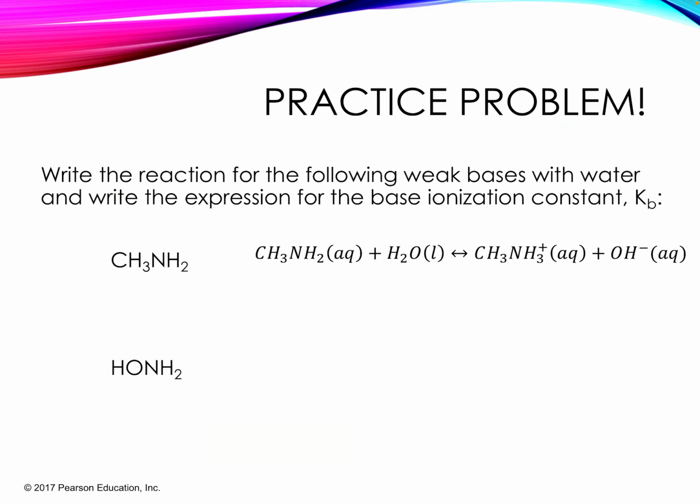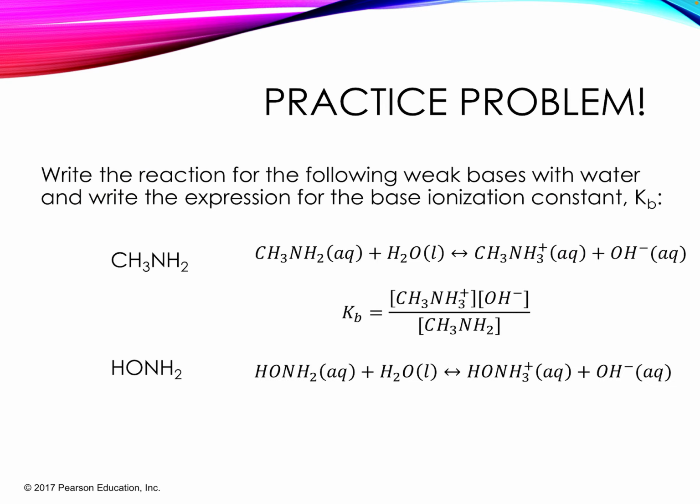Again, it will gain a hydrogen off of water and form the hydroxide. Our Kb value will always be our products over our reactants, just like when we were doing Ka. And then the second one is going to react very similarly. Again, we are going to pull a hydrogen off of water, so it's going to go from a 2 to a 3+, and then we're getting that hydroxide as well. And again, products over reactants for our Kb value.